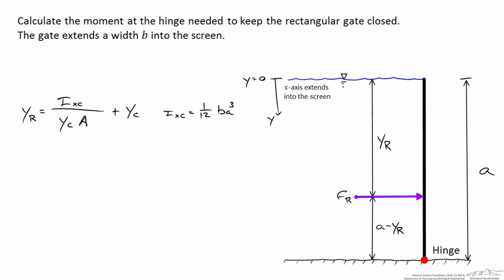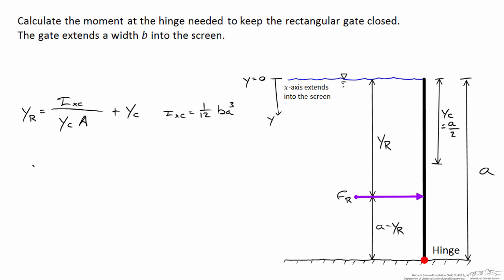And this is an expression that's tabulated, and it depends on the geometry that you're looking for. In this case, we're looking at a rectangular gate, so this geometry is given to us. And the centroid of a rectangular object acts right at the geometric center of it. So we've got yc, this distance right here, is equal to a over 2. So distance, again, half the height of the gate below the surface of the water.